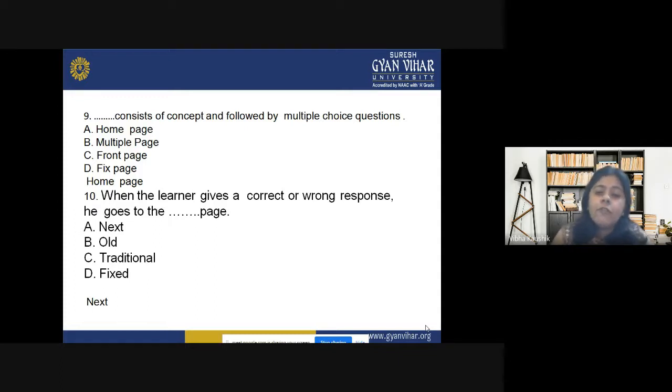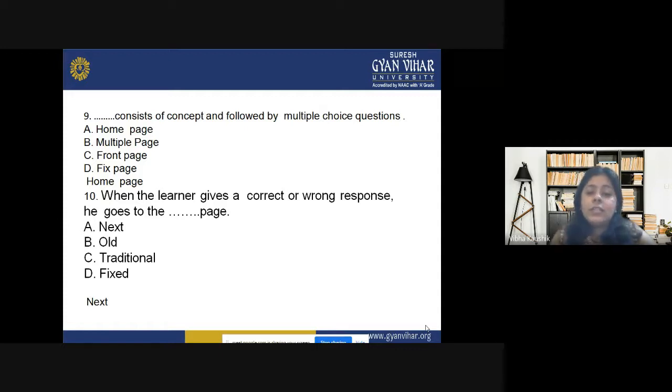The learner will move from that particular dash to which page? So these are the options: A, next; B, old; C, traditional; or D, fixed.